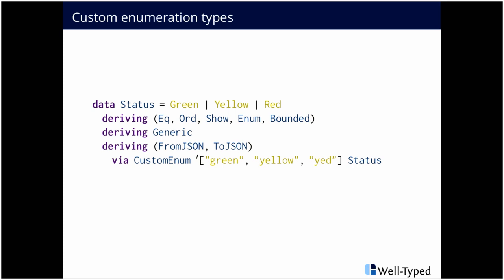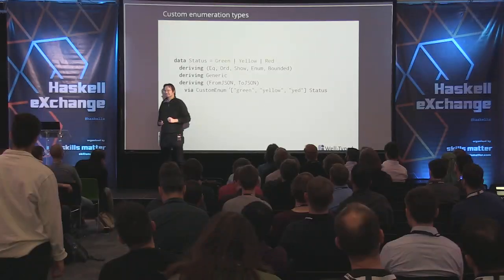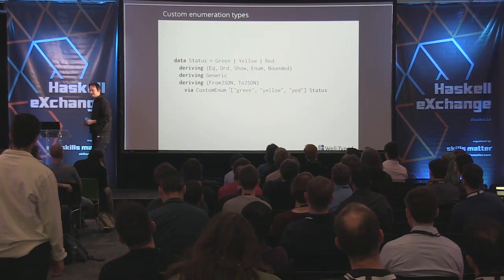So you derive a custom enum newtype wrapper that wraps a type level list of strings and something of type Status. And it's still representationally equal to Status, right? So we can derive something for type Status via it. And what it does, it's basically replacing the constructor names by the ones in the type level list, right?